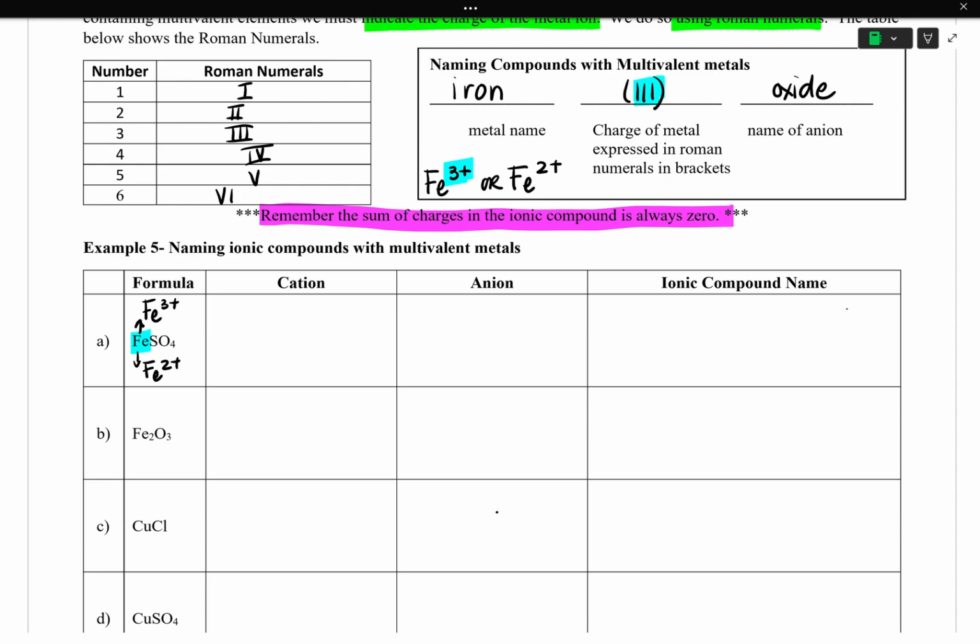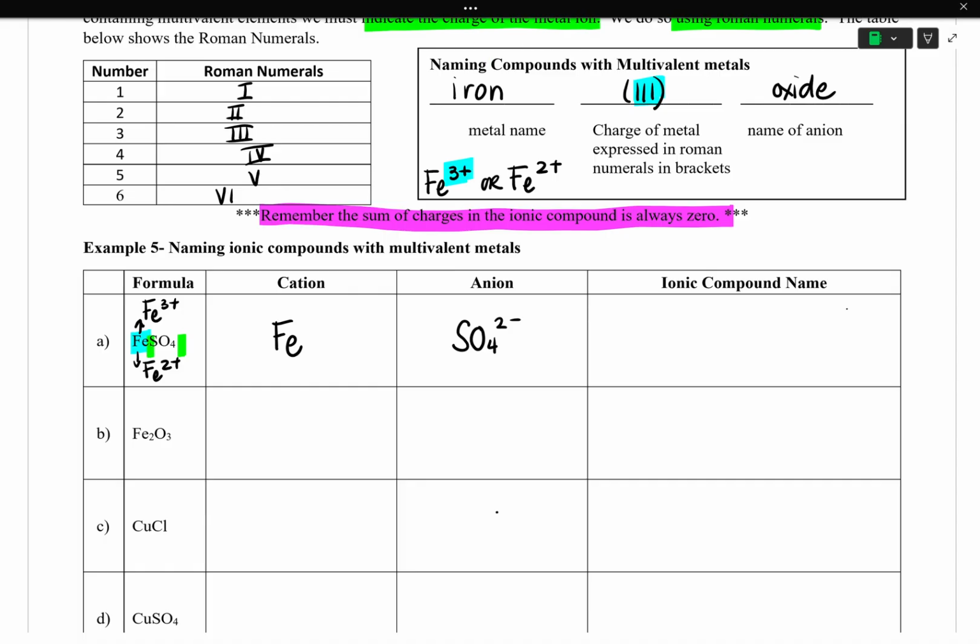So when we want this to add up to 0, let's first start with our SO4. Sulfate SO4 is going to be 2 negative. I've only drawn 1 because that's how many I have. If I look at the subscript outside of the SO4, there's nothing, so I have 1 of them. The iron also is only 1 iron.